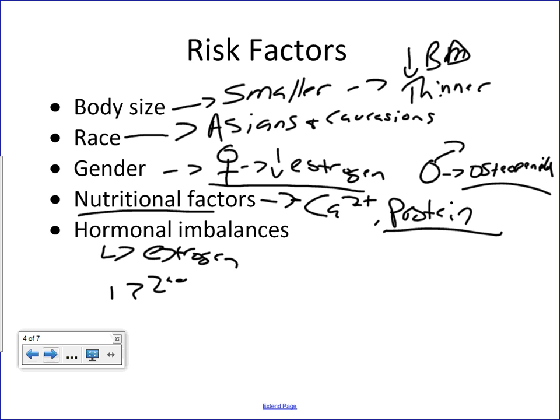Okay, so out of all these risk factors, which ones are modifiable? Actually, I should have thrown another bullet point in here: sedentary lifestyle.